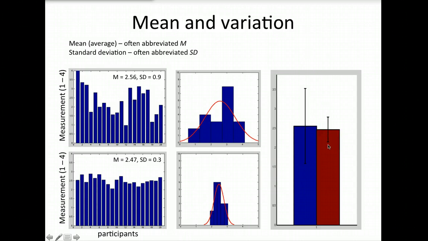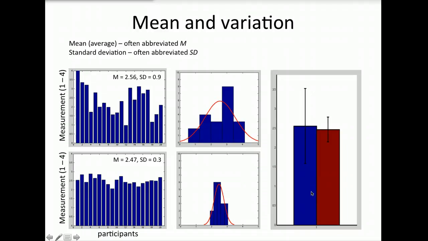Be aware that not all error bars reflect standard deviations. Often a graph like this would have a little legend down here, or caption, that would tell you if the error bars reflect standard deviation or one of the other measurements of variance, which could, for instance, be the standard error of the mean.